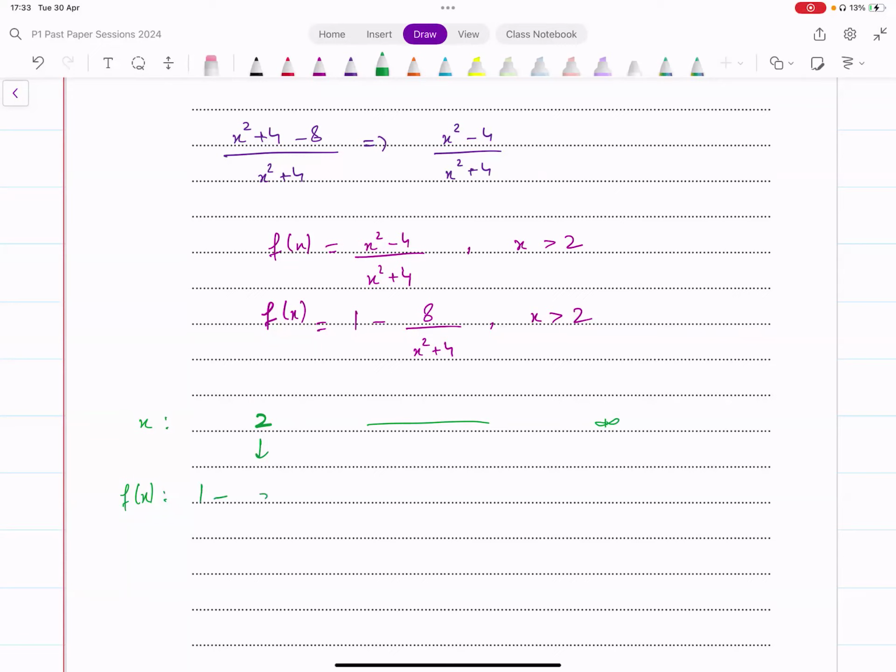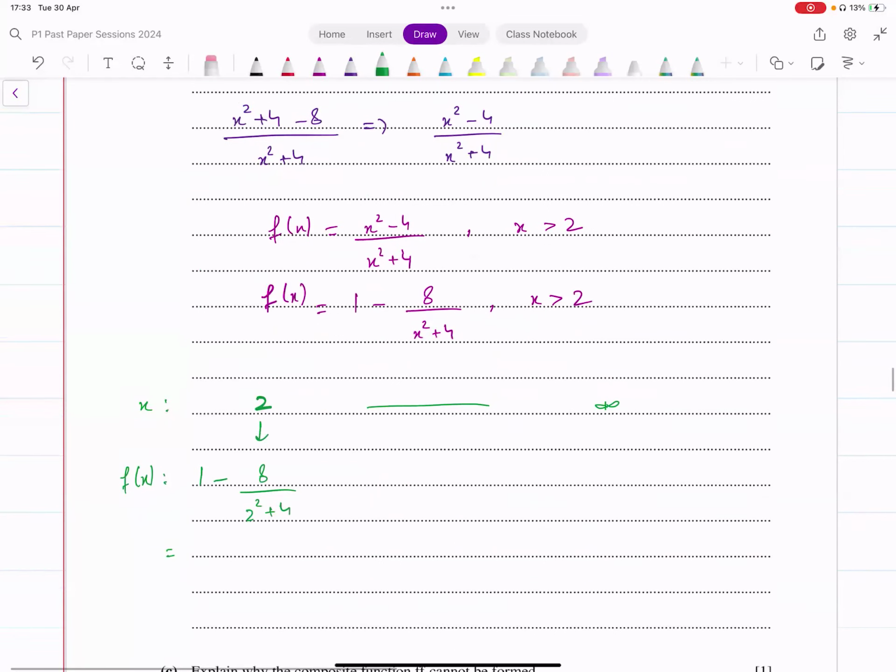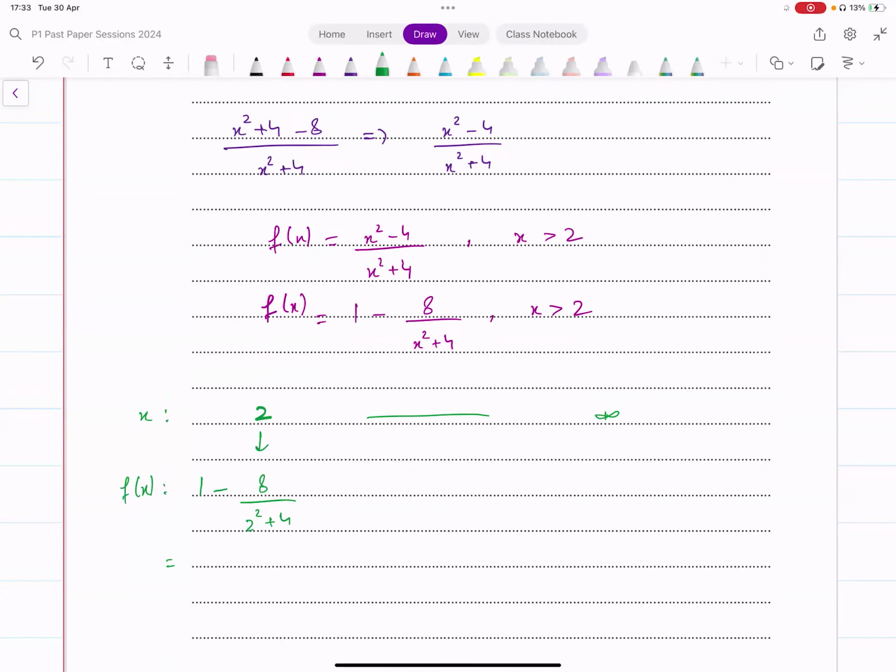We get 1 minus 8 divided by 2 squared plus 4, and that gives us 1 minus 8 over 8, which is 0. That means when the value of x is equal to 2, the value of the function is equal to 0. This is one endpoint that we're getting for the function f of x.